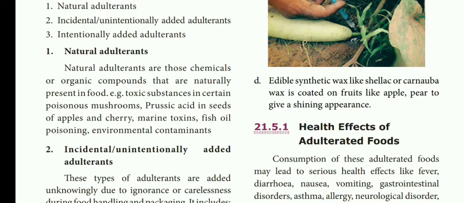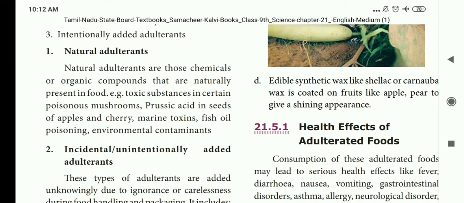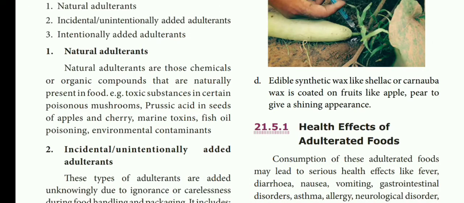Then environmental contaminants. We should be very careful about the area in which we live because microorganisms are living everywhere. That is the environmental condition and the environmental contaminants. The food may get contaminated due to environmental air or environmental waters.